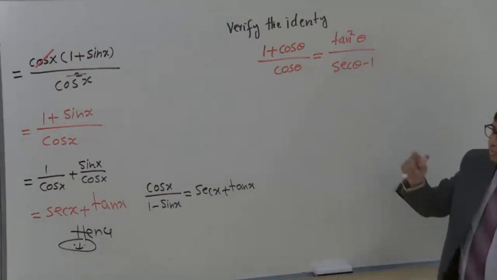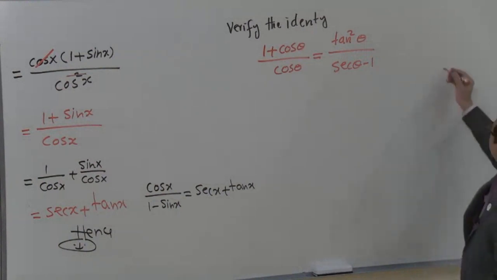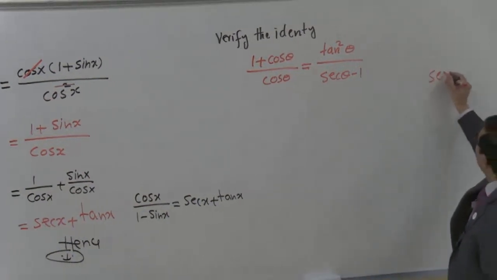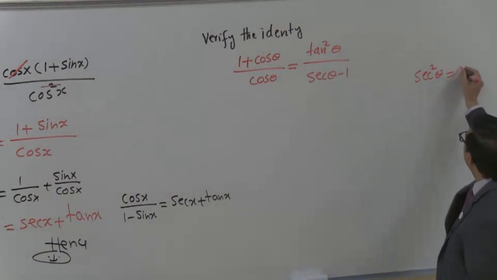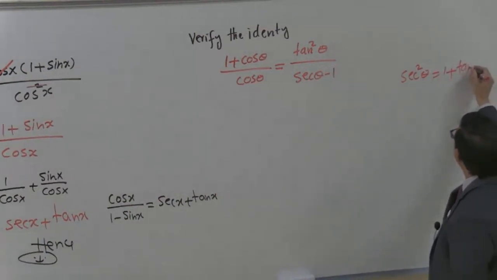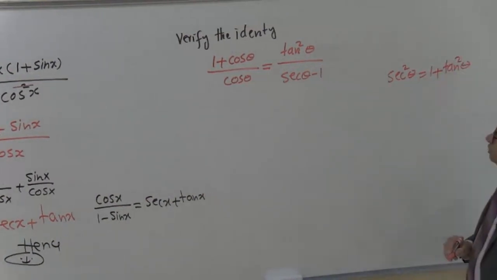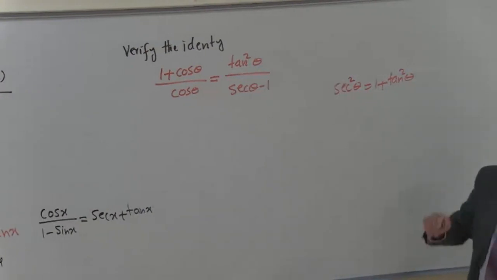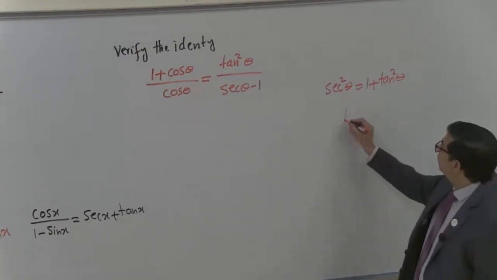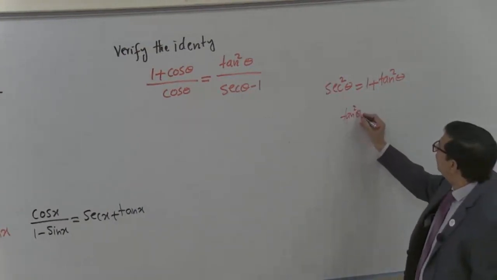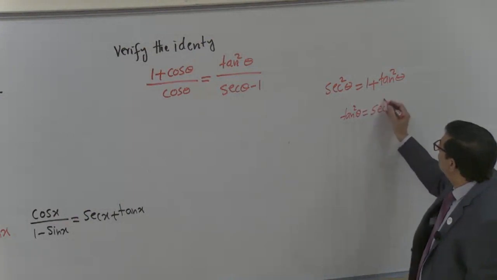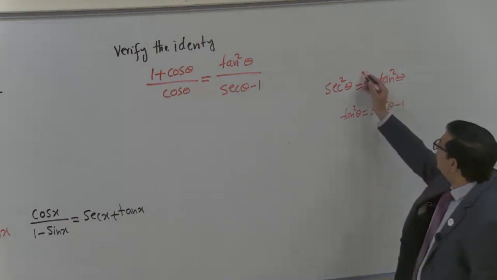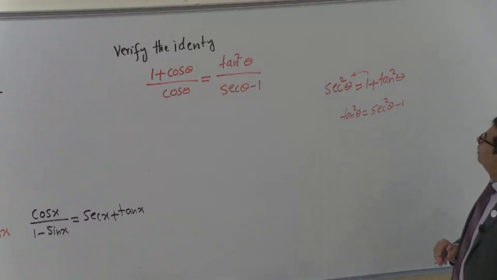For tangent, we have a formula over there in the list. What formula is there? Secant squared theta equals 1 plus tangent squared theta. This formula is in the list. And we should use this formula directly because the question becomes easier. So from here, tangent squared theta will be secant squared theta minus 1, if I separate tangent squared.